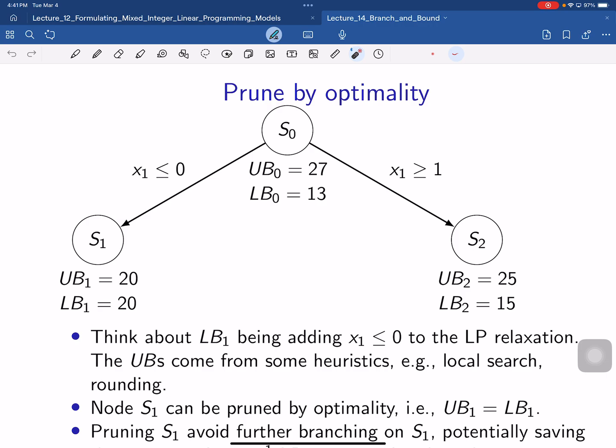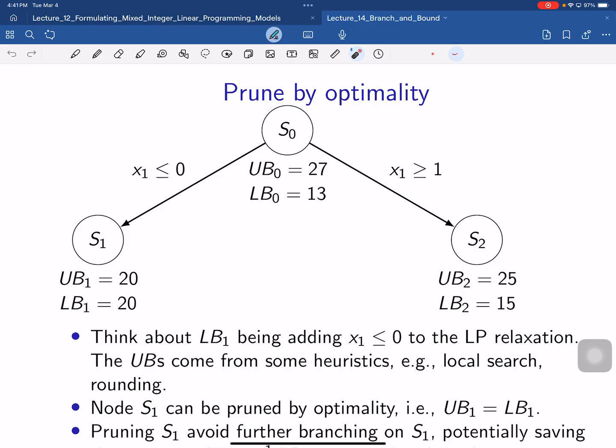Let's pick one variable and split the original problem into 2 nodes. Then you solve problems S1 and S2, where in S1 you add the constraint x1 less than or equal to 0, and on the right-hand side you add the constraint x1 greater than or equal to 1, assuming x1 is a 0-1 variable.